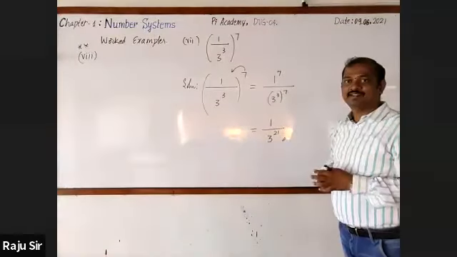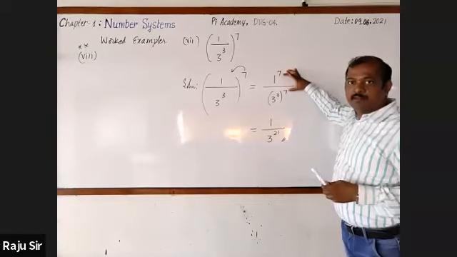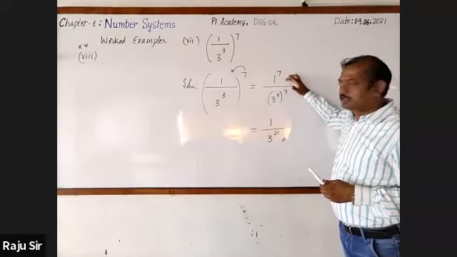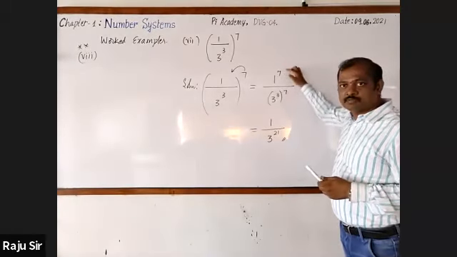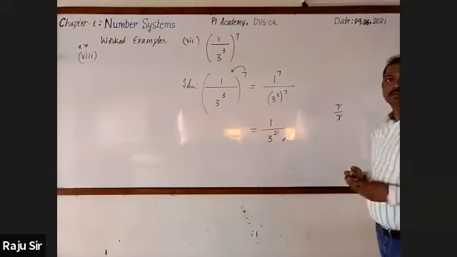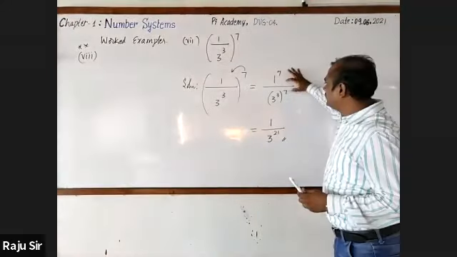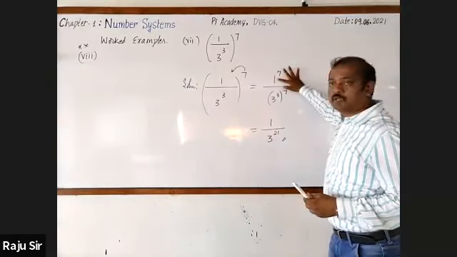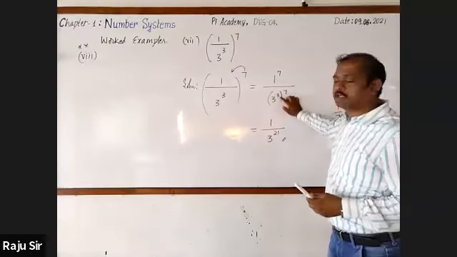Yes, sir. They are in the power, in the place of index. They cannot be cancelled, we are just applying. If it is just 7 by 7, you can cancel. But these two 7s are the power of 1 and the power of 3 raised to the power 3.